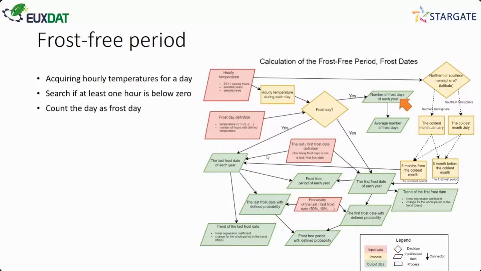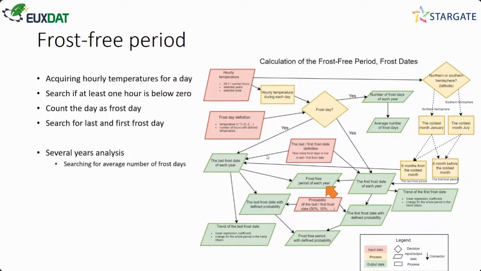We are searching the last frost day, which could be set up for sure for a particular year. But if you want to get some kind of prediction, you better go for searching like the last 5 years or 10 years, and search some probabilities of will there be some freezing after 5th of April, 6th of April, etc. And this is actually how the prediction can then be done.